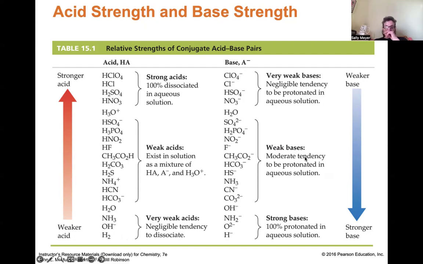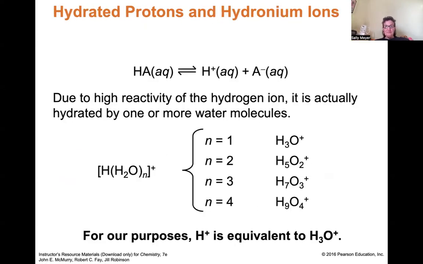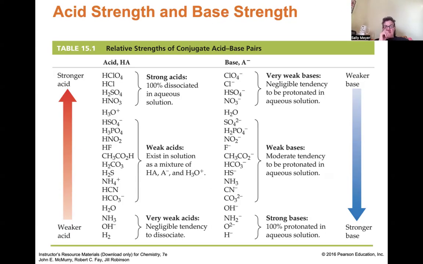So the arrows go the opposite direction for acid strength and base strength for the acid-base conjugate pairs. And you'd always be given this information. So there are tables that we'll use that will help us understand the relative strength of acids, but you don't have to know if an acid is weak or strong.